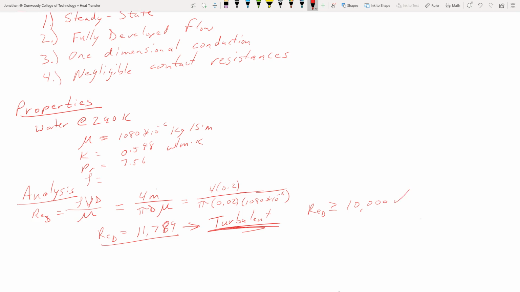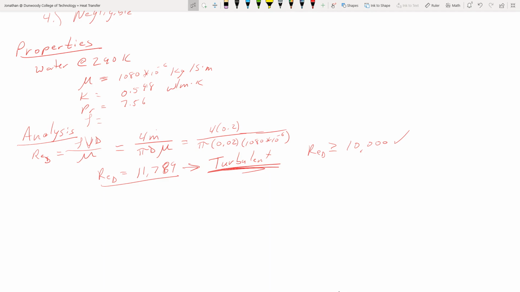All right, so looking at that, let's find h_i. We're going to need the internal Nusselt number. And then we're going to say that's equal to our fully developed Nusselt number, which using the Dittus-Boelter is 0.023 Reynolds number to the 0.8, Prandtl number to the n. In this case, are we heating or cooling our water? We're heating our water, so n equals 0.4.